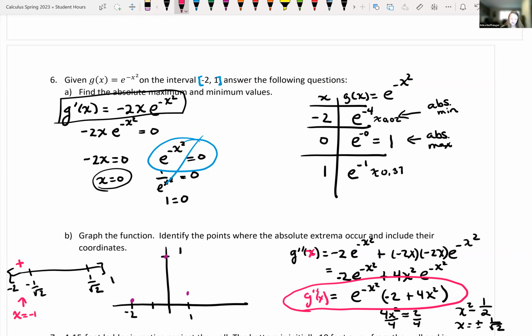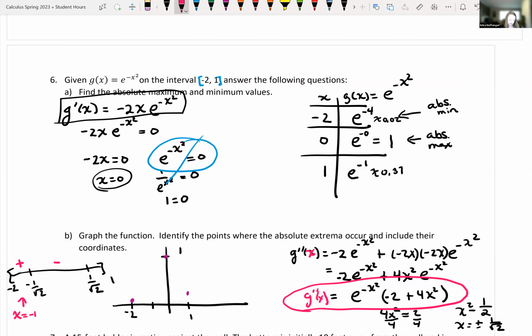If we choose a value between negative 1 over root 2 and 1 over root 2, so let's say x equals 0, and we plug that into the second derivative, I notice that's going to be negative. If I choose something between 0.7 and 1 and I plug it in, it ends up being, I believe, positive. But let me check really quick.